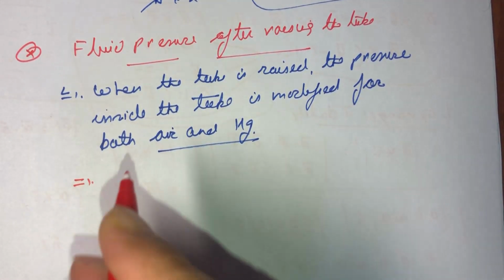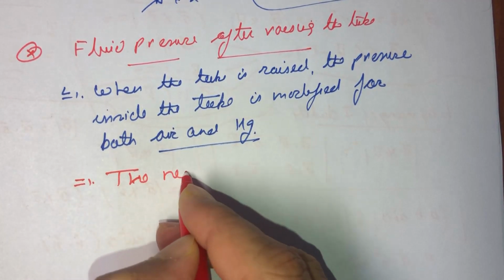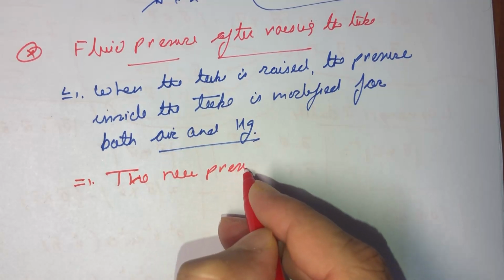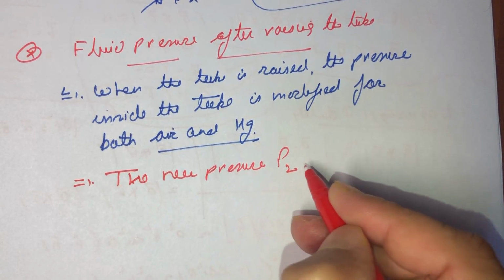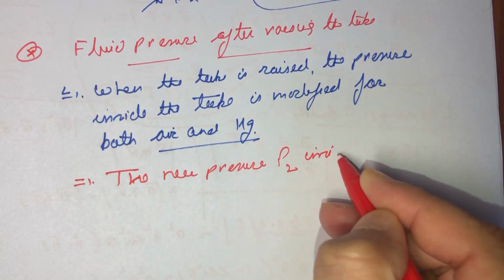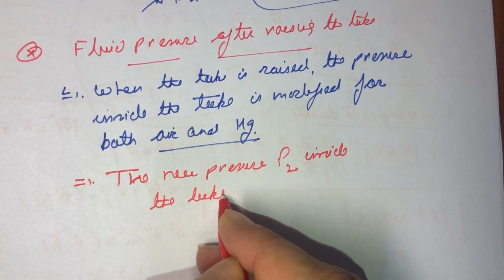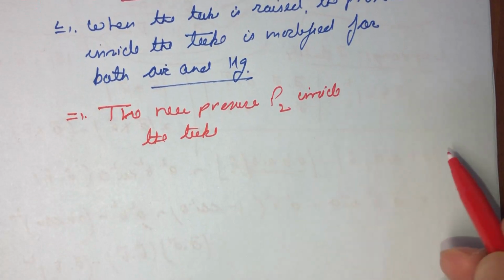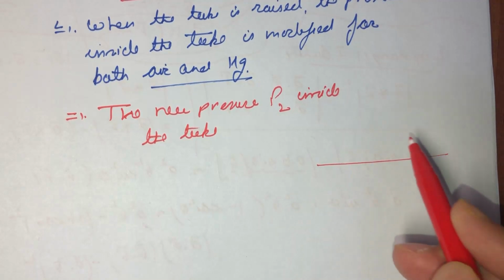And we know that the new pressure P2 is inside the tube. Okay, let's draw a simple diagram.